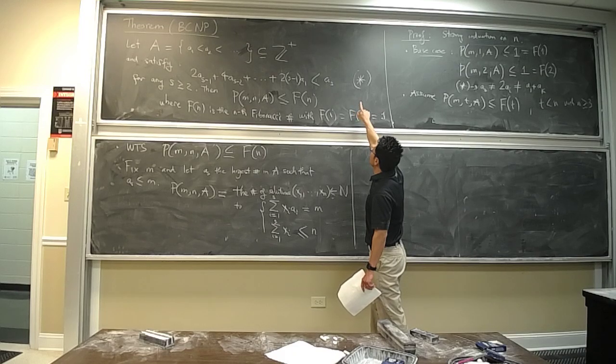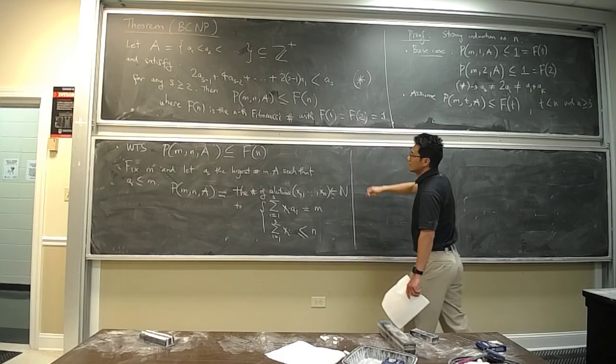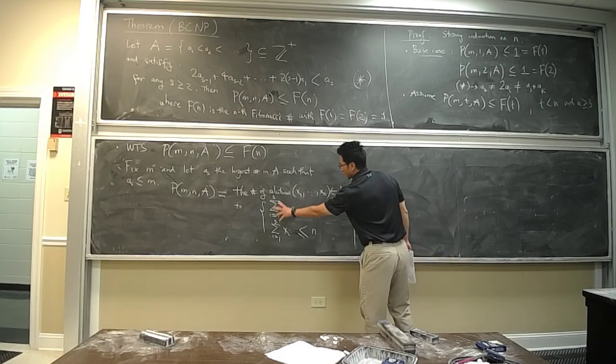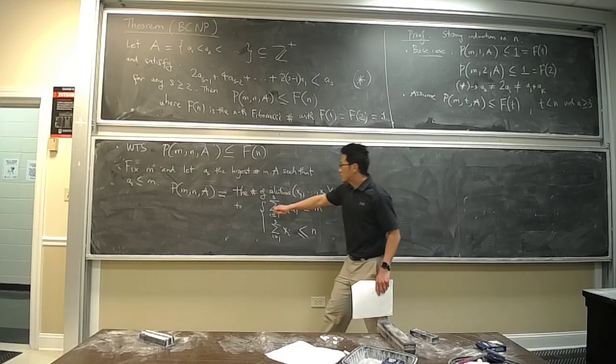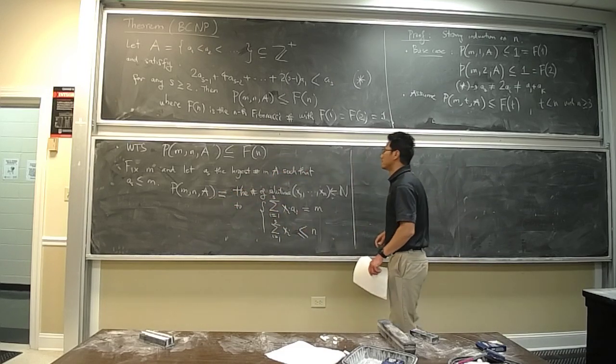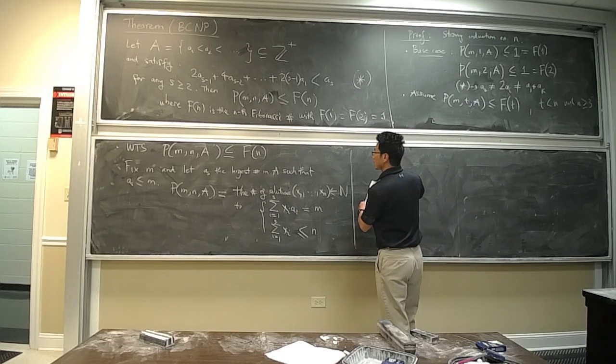Okay. All right. So now I'm gonna use the condition star here to break down the number of partitions into the following cases.